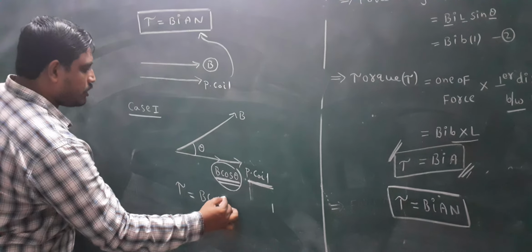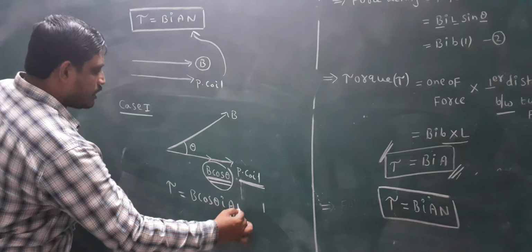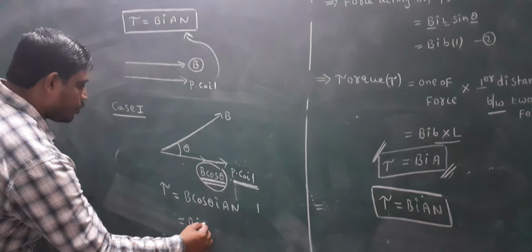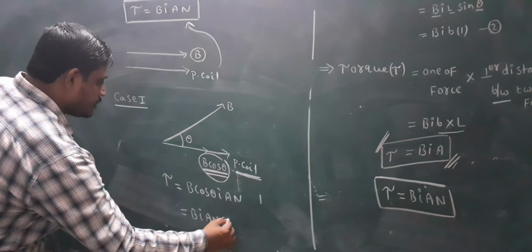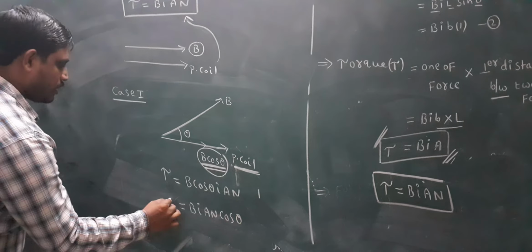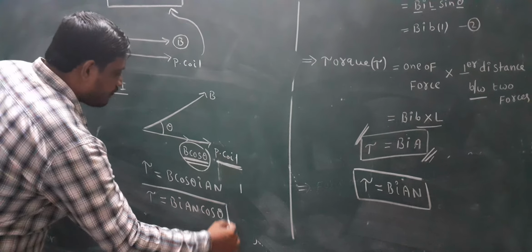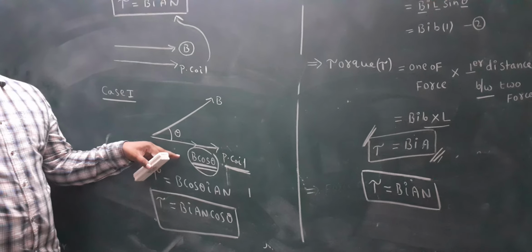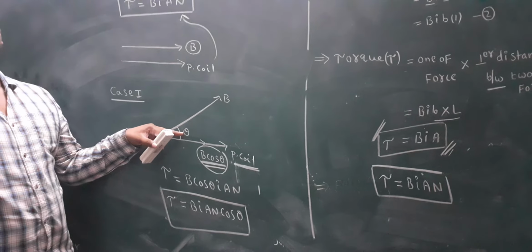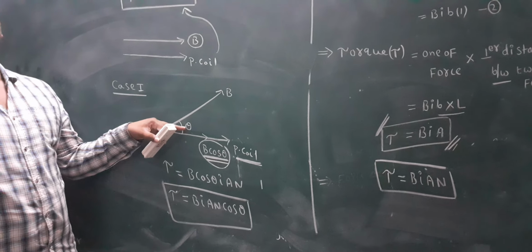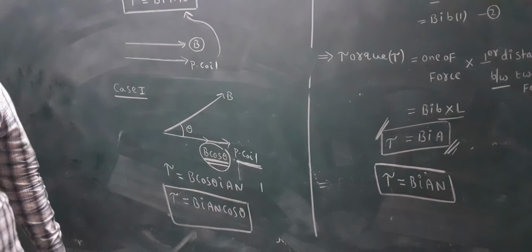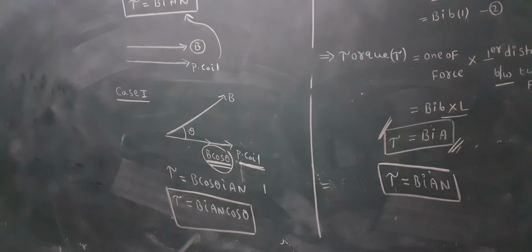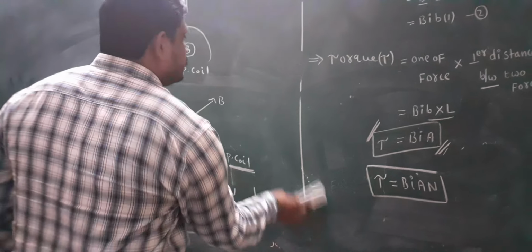Neatly written, tau equals B I A N cos theta. This is the formula for torque when the plane of the coil makes an angle theta with the magnetic field direction. What is the formula for torque? B I A N cos theta. Next one, case 2.